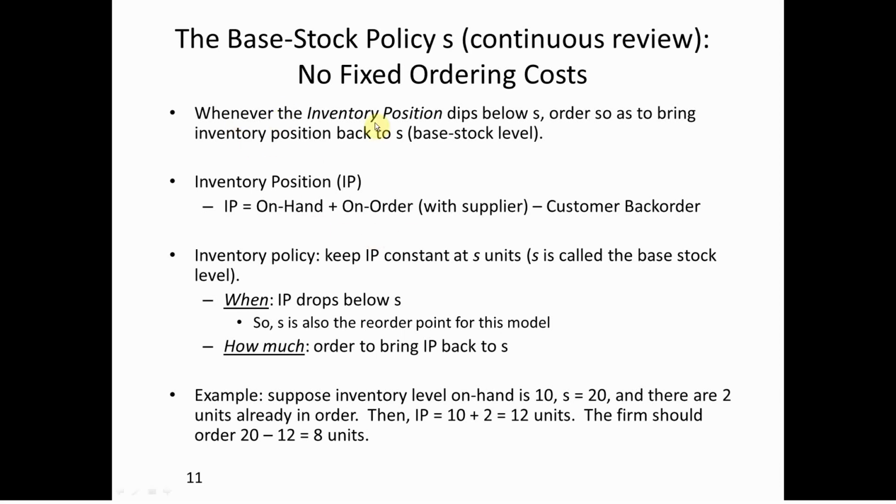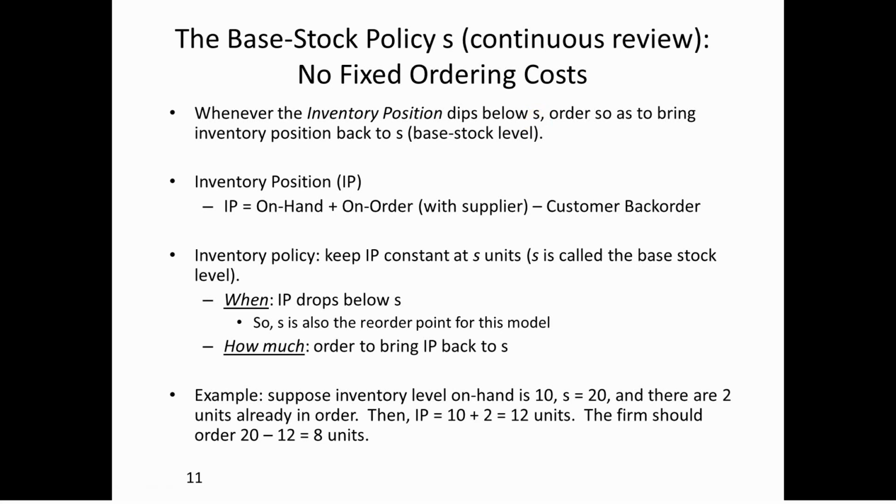So we'll call the inventory position what is our inventory level at a certain time, and so we're going to call this base stock policy that whenever we drop below our base stock S, that's time for us to order.